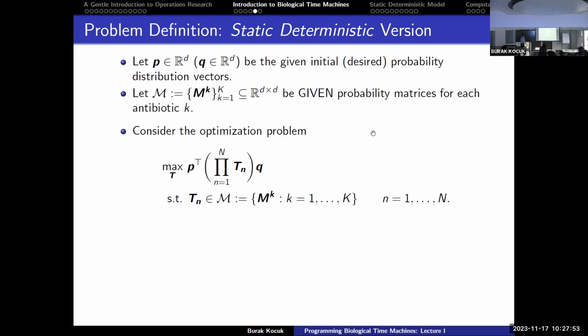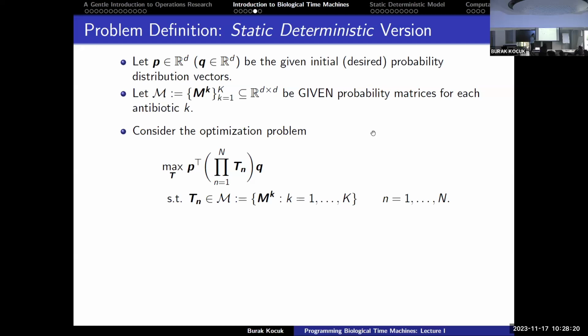What is this? Let me go through it. First of all, the decision variables here are the matrices T_n, and they should be selected from this collection. For the first transition, let's say n equals 1, I can pick any of these matrices, so I have k options to choose for T1. For T2, again, I have the same options.